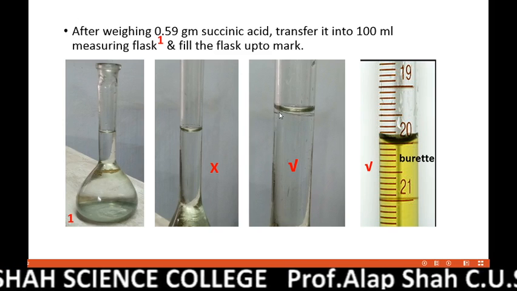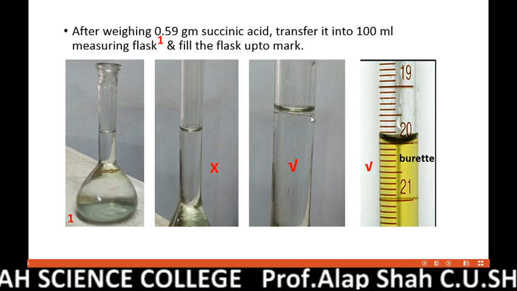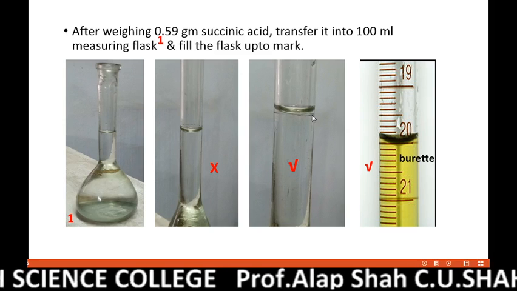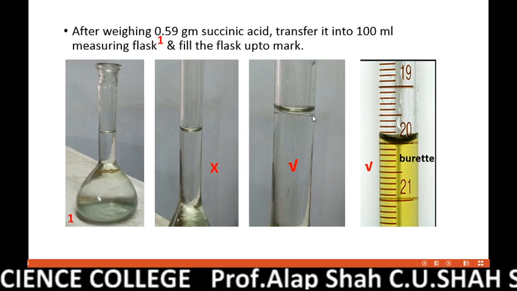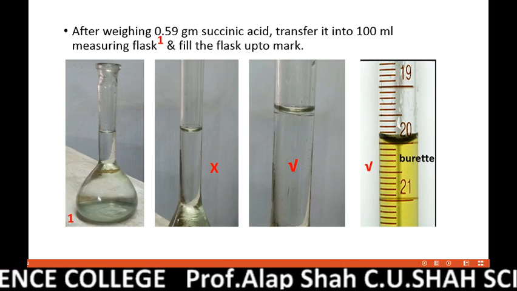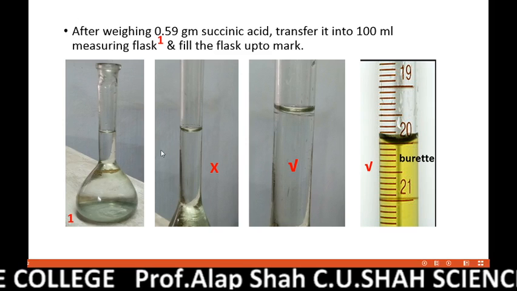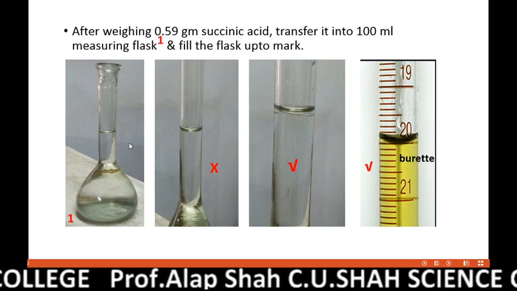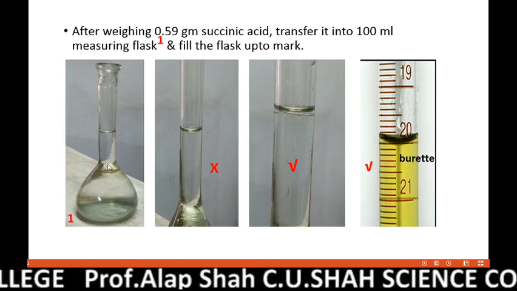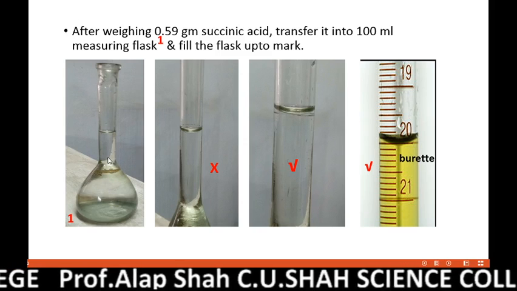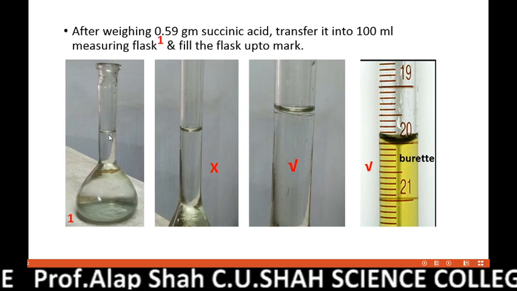If you fill any solution up to this mark, it will be 100 ml. So after carefully weighing 0.590 substance, we add that succinic acid into the empty flask, and then we add the water up to the mark.